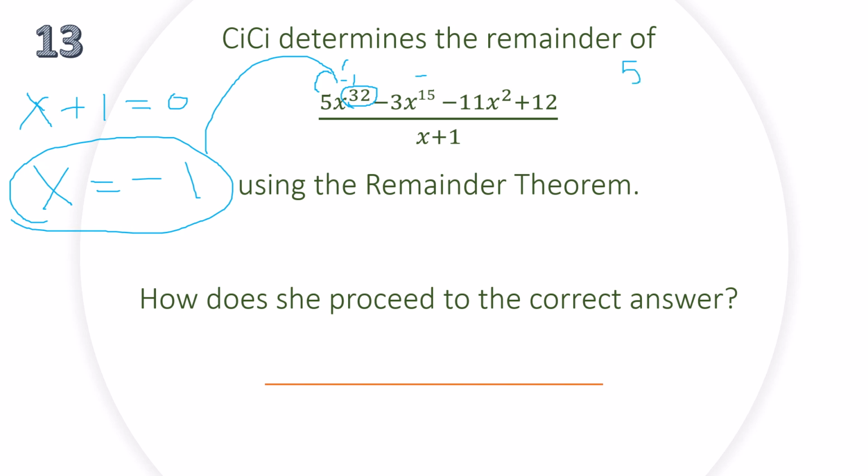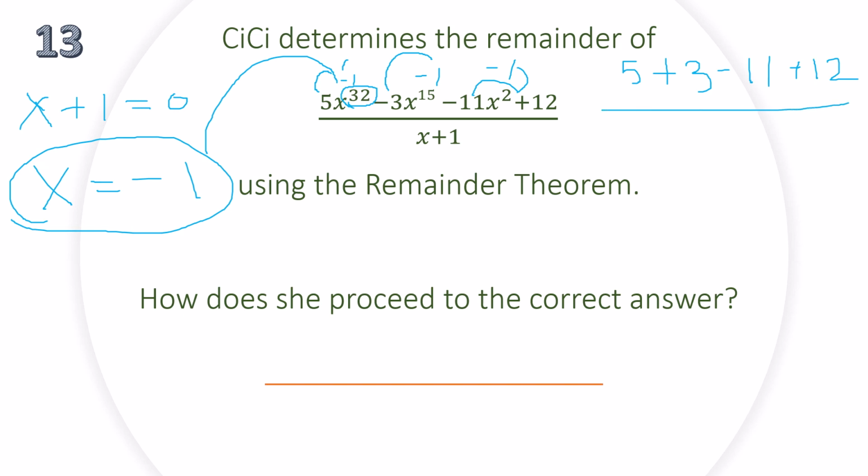If you have a -1 to an odd power, you're going to get a negative, so negative times -1 times -3 is positive 3. If you have a -1 to an even power, it's a positive 1 times -11. It's going to be -11. And then plus 12.